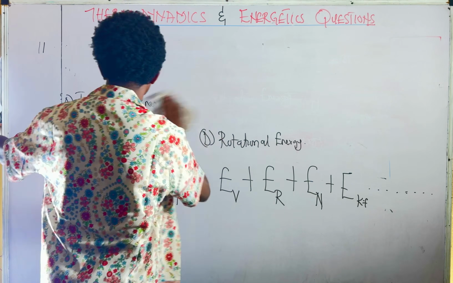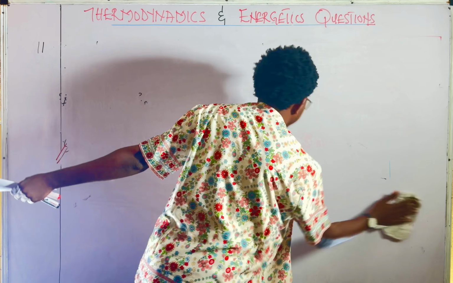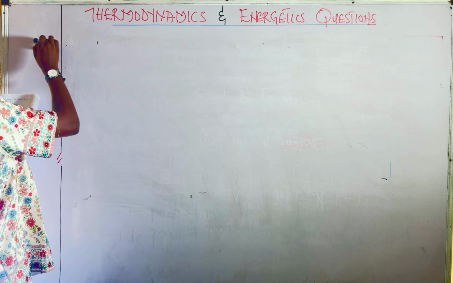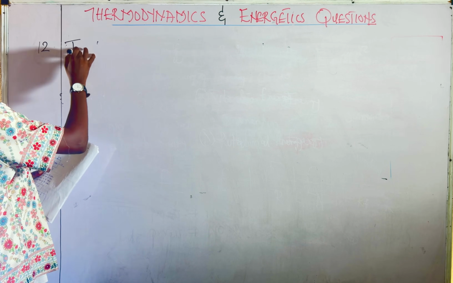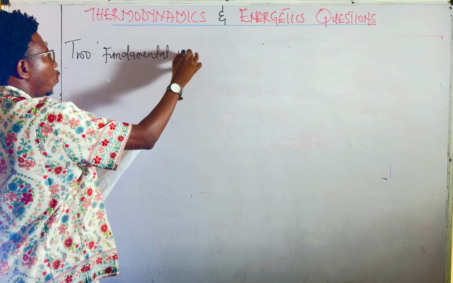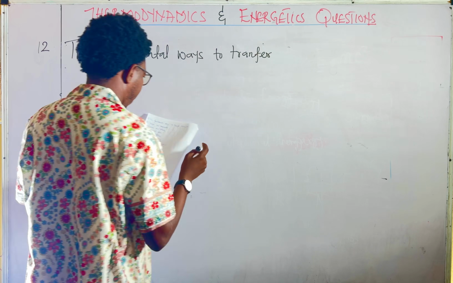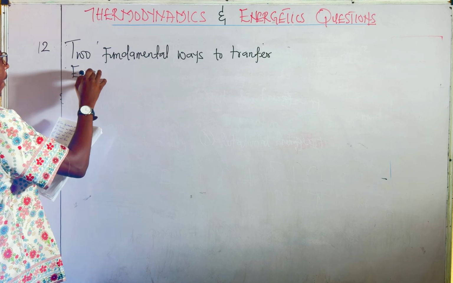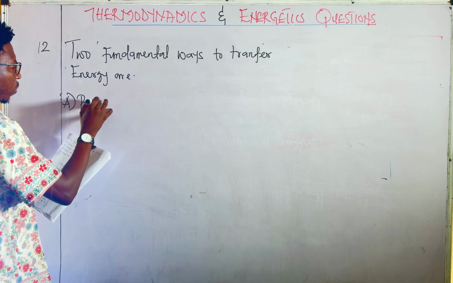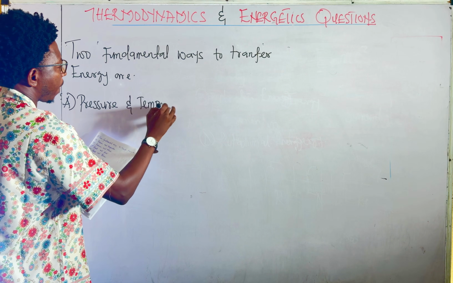Question number 12: Two fundamental ways to transfer energy are: option A, pressure and temperature.